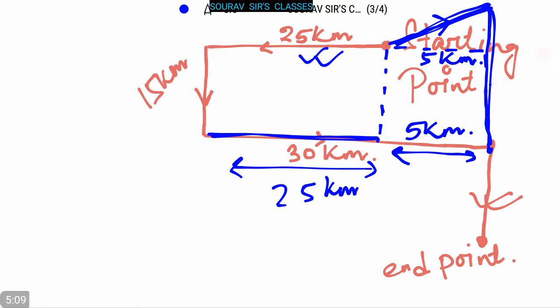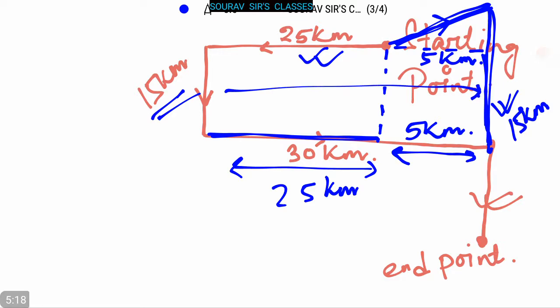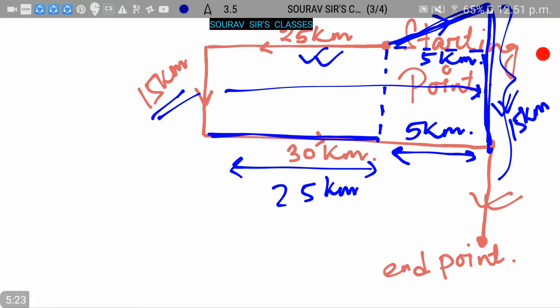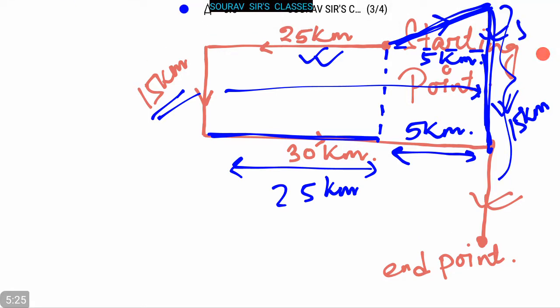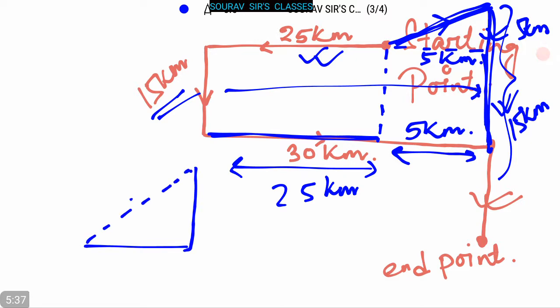The total distance is 20, and this one is 15 kilometers, so this much is 5 kilometers again. So we have to find this distance, where this one is 5 kilometers and this one is also 5 kilometers.